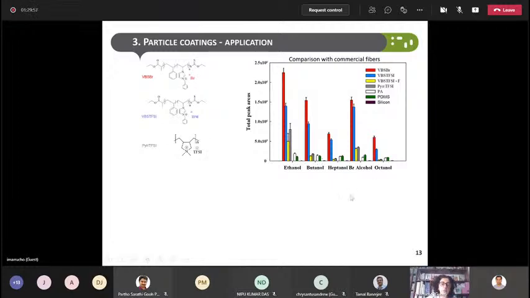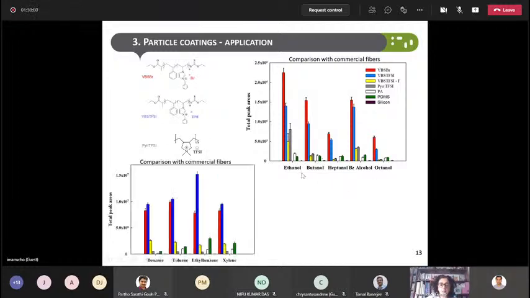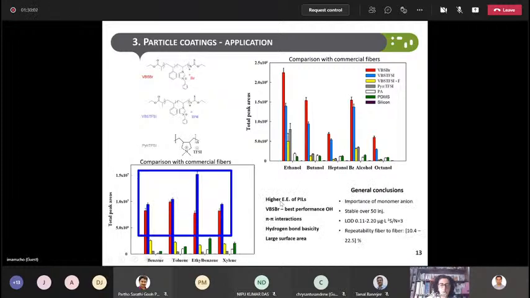but all of them perform much better than the commercially available fibers. We did this for alcohols, from ethanol to octanol, to see which one was the best. Here we did it again for BTEX, and for BTEX we now have a very good sorption of ethylbenzene with the TFSI anion.